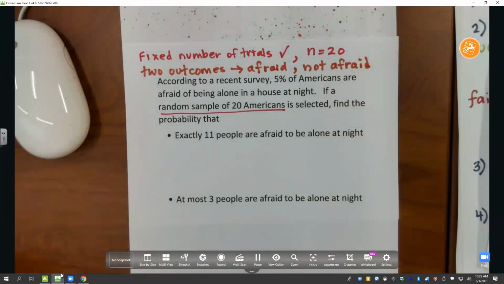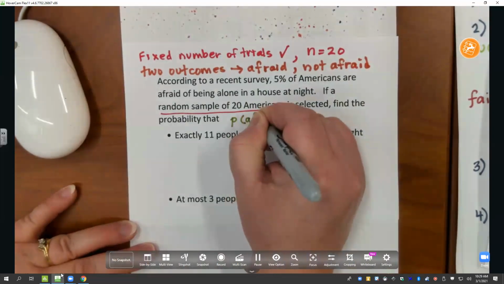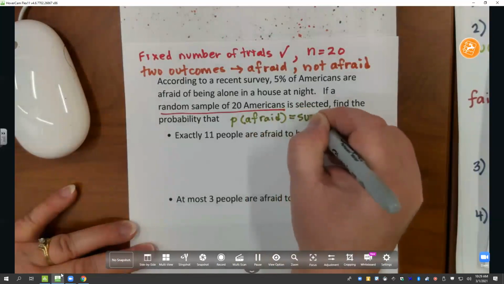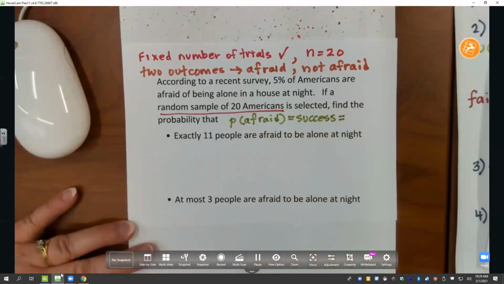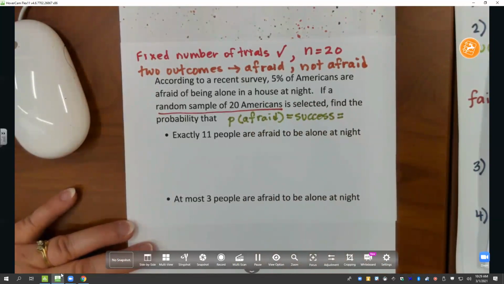And then let's think about what would be the probability that they're afraid is our success. And what's the probability for that this time? What's the probability they're afraid? No. It's not 1/2. It's actually 5%.